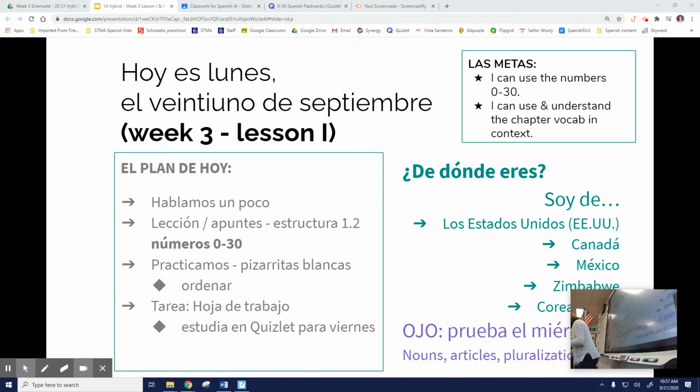Escribe el número 11. Perfecto. Escribe el número 0.